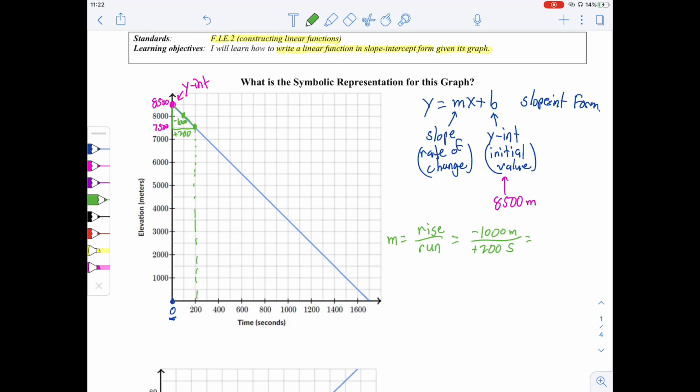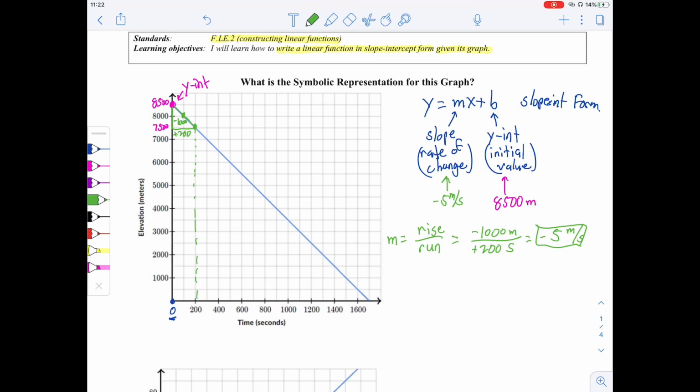Now we can simplify that, or divide that. Negative 1,000 divided by 200 is negative 5, and this is 5 meters per second. So negative 5 meters per second is going to be our rate of change, which is also our slope.